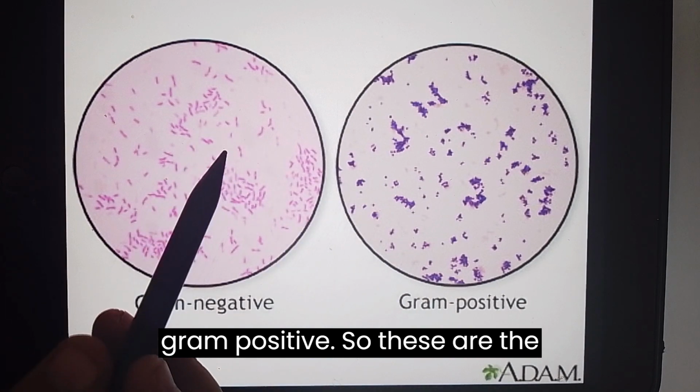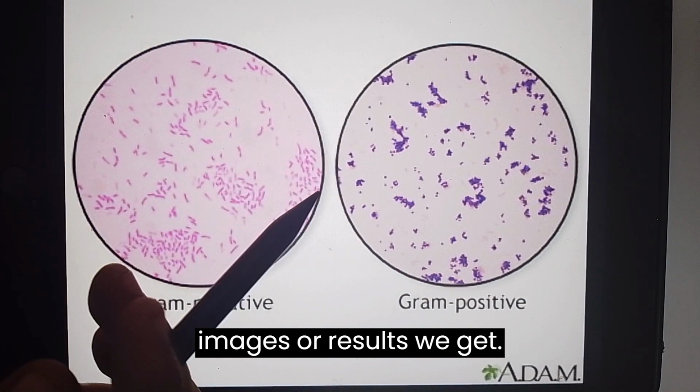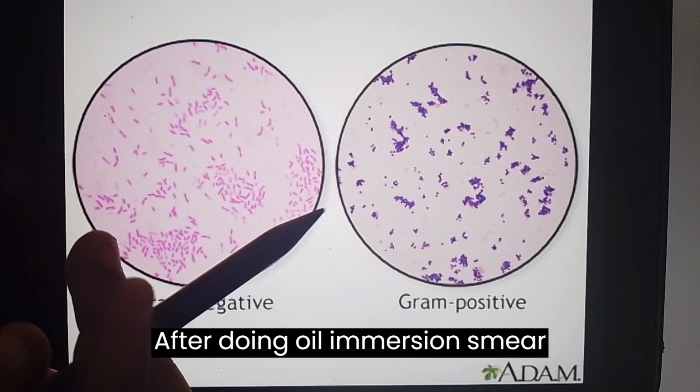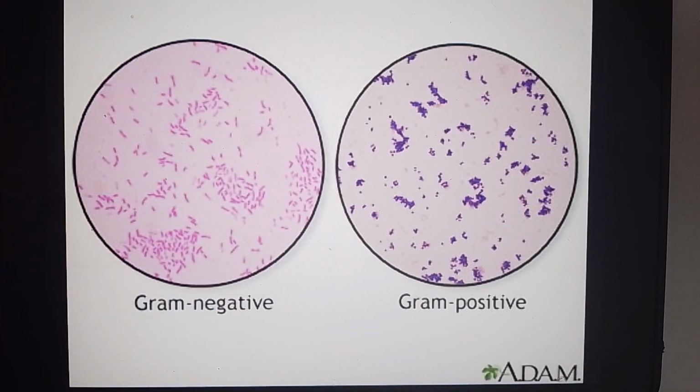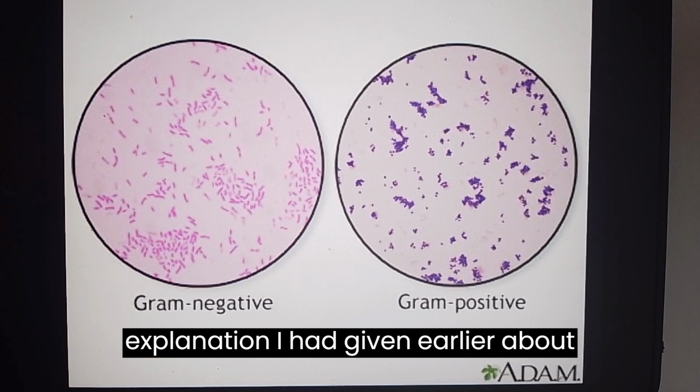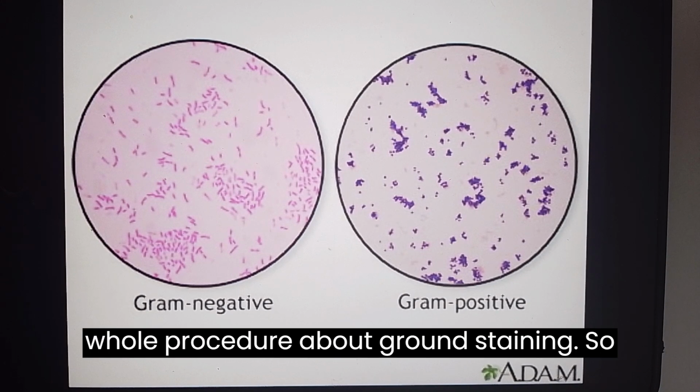So these are the images or results we get after oil immersion smear microscopy, with the explanation I gave earlier about the whole procedure of gram staining.